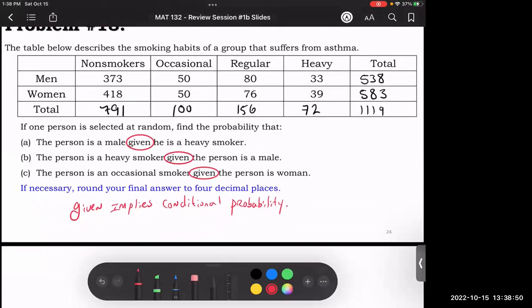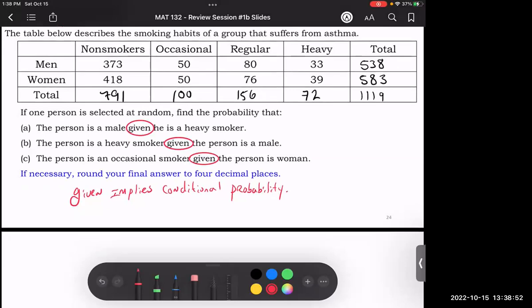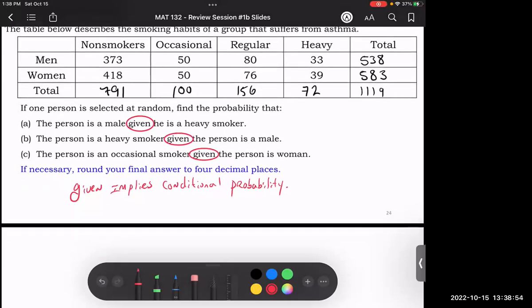So I just want to give you a little bit of notation. When we have conditional probability, the notation for it is the probability of B given, so that bar means given, A. The probability of B occurring given A occurs.